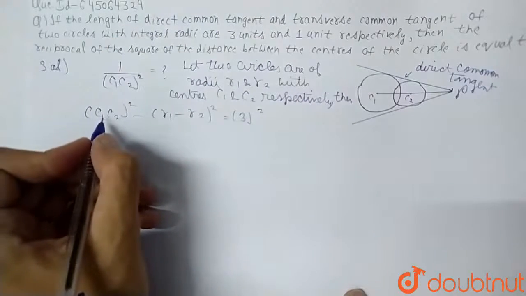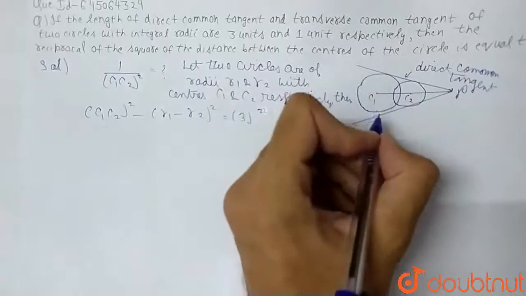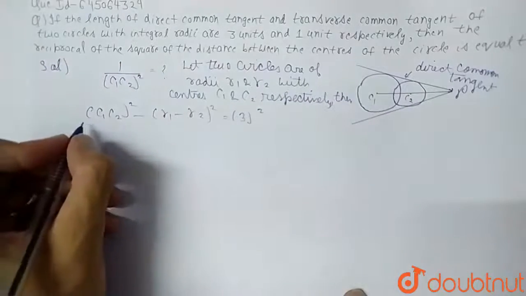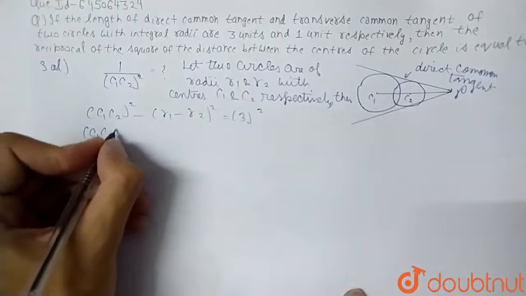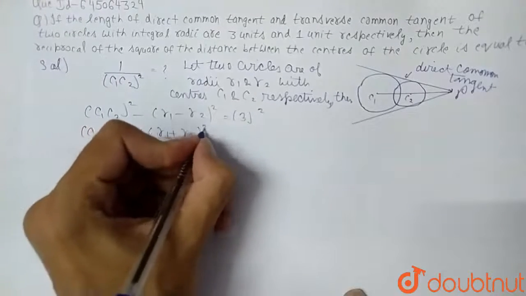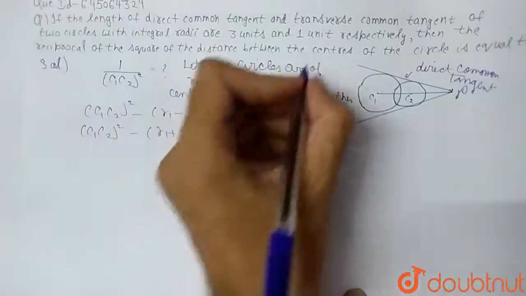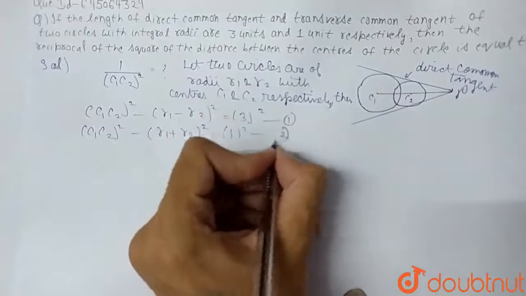R1 and R2 are the integral radii of these two circles. The other equation, for the transverse common tangent, is C1C2 whole square minus (R1 plus R2) whole square is equal to 1, because the length of the transverse common tangent is 1. Let this be equation number 1 and this be equation number 2.